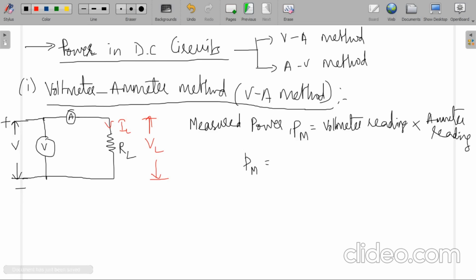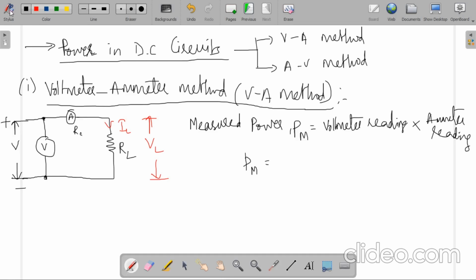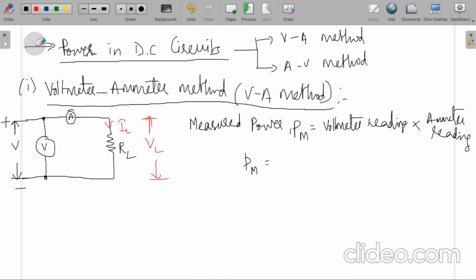This gives the voltage between these 2 points. Let RA be the resistance of this ammeter.